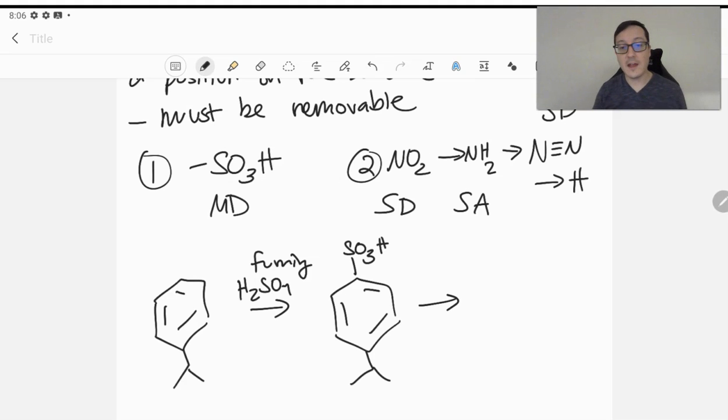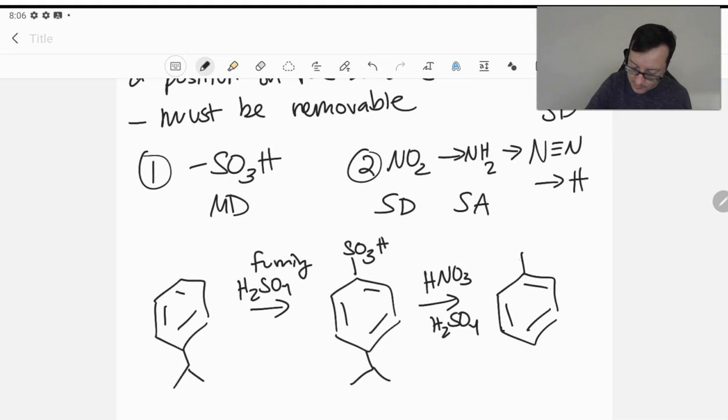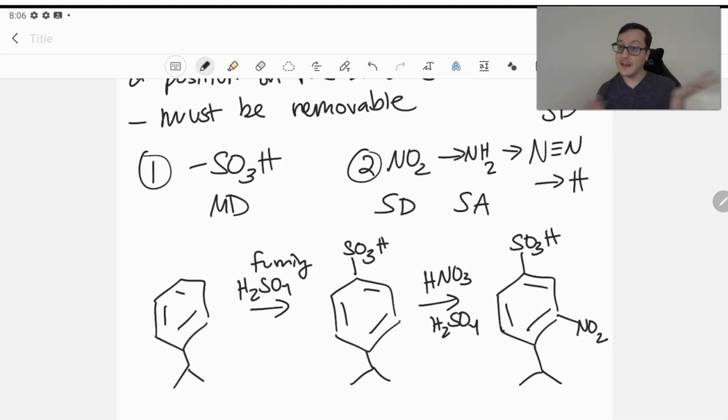Now, if we nitrate it using nitric acid and concentrated sulfuric acid, we're going to put the nitro group ortho to the isopropyl group, guided by our strongest activator. The next two steps can be done in either order. We can reduce the nitro to the amine, or we can get rid of the sulfonic acid. It does not matter in this particular problem.